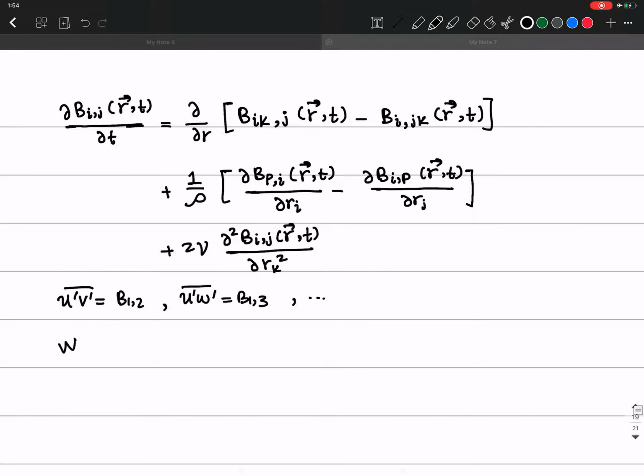So let's say we are interested in that, which is going to further simplify things. If we just look at the trace, so if we are interested in u1 square bar, u2 square bar, and u3 square bar, right?